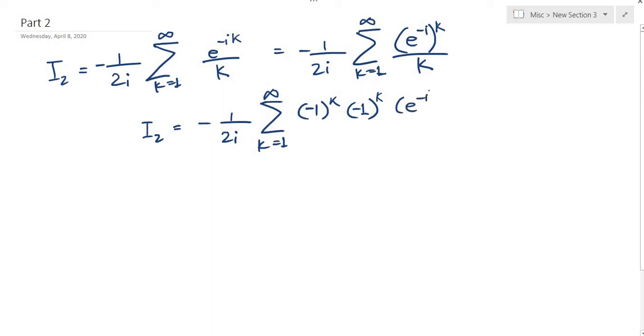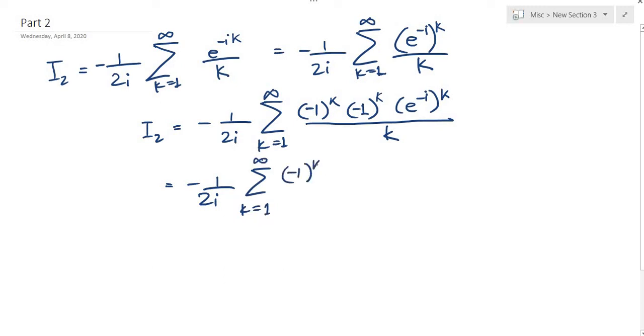So we have e raised to negative i to the kth power divided by k, and this becomes negative 1 over 2i times the sum from k equals 1 to infinity of negative 1 to the k as it is. We can take negative 1 to the k and e raised to negative i under a common power. So negative e raised to negative i, everything to the kth power divided by k, and we need a plus 1, right?